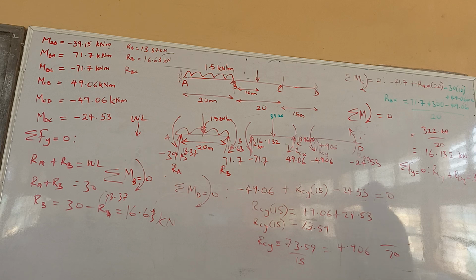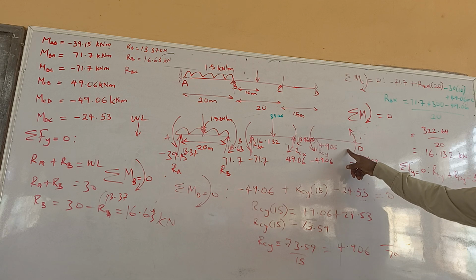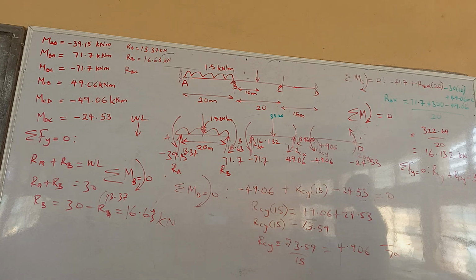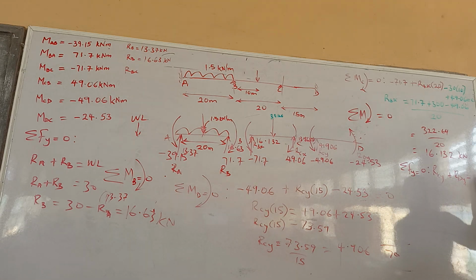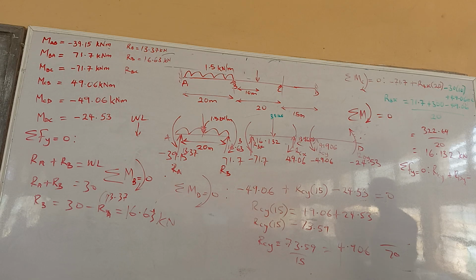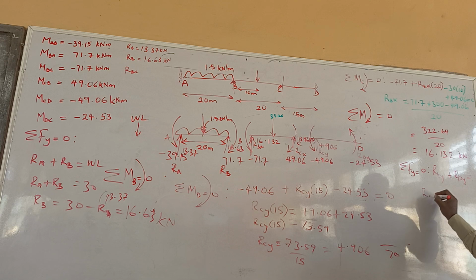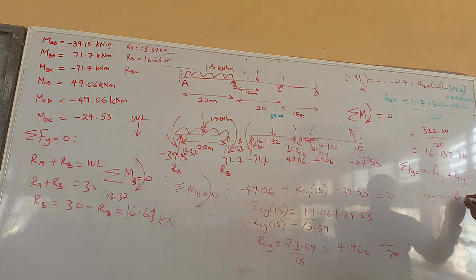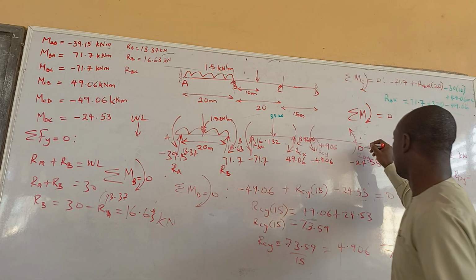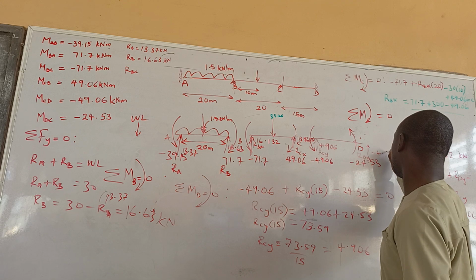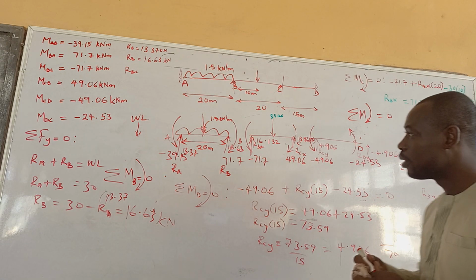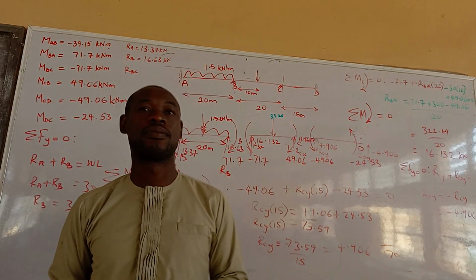Where is 15 coming from? We are dealing with this one. Do you have any shear force there? No. So this one will be equal to 0, because there's no load coming like this. So since our RCY is 4.906, we can say RDY equals minus RCY, which equals minus 4.906. So this side will be minus 4.906. That's the shear force at those places.